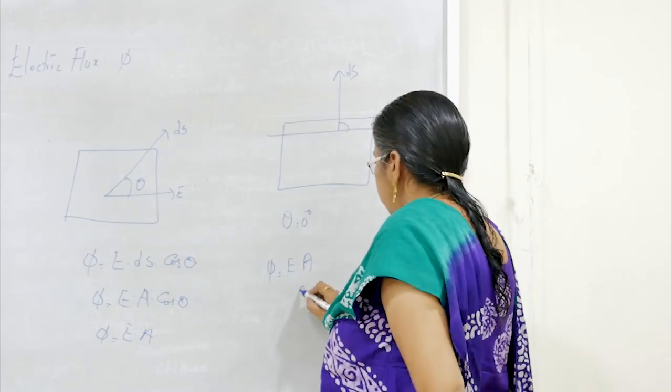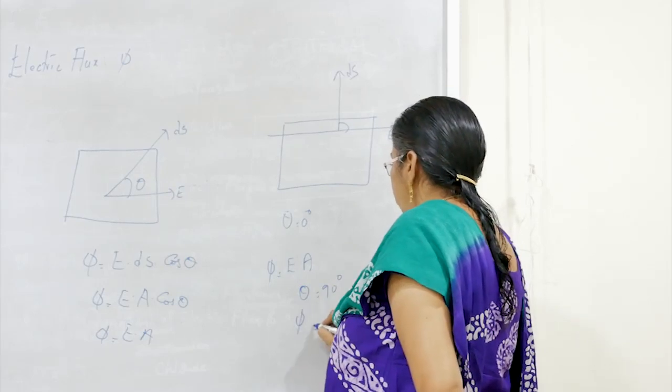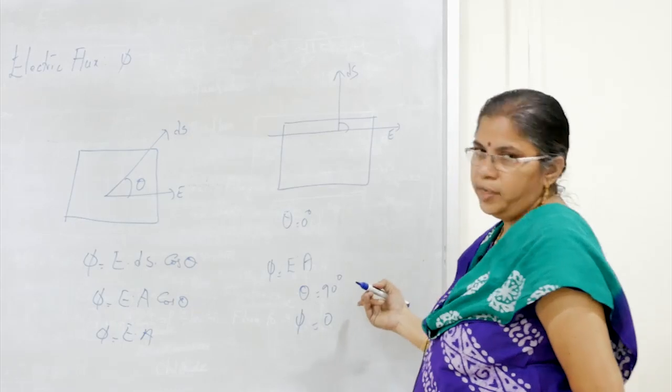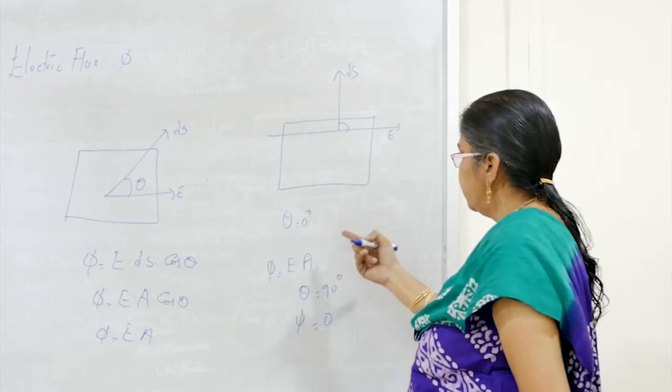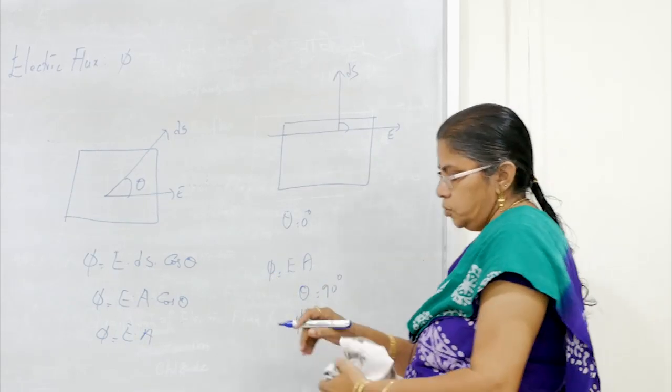If theta is equal to 90 degrees, then phi is equal to 0. So the flux will be 0 when theta is 90 degrees, and the flux will be phi equal to E dot A when theta is 0 degrees.